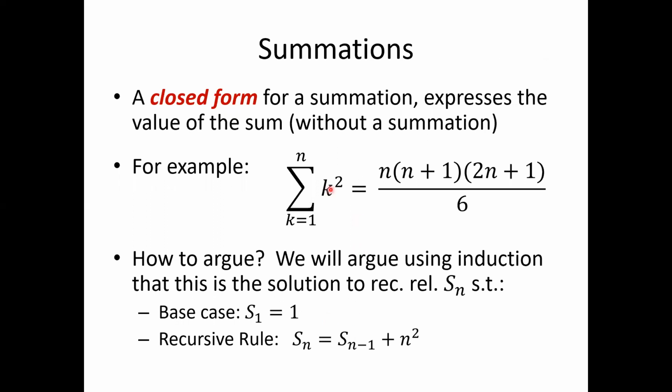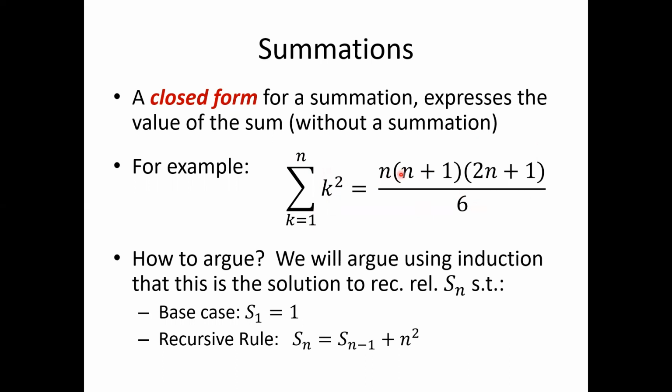Now, here is my closed formula for the summation of sequence elements which are a sequence of squares. So a_k is k squared. If I sum squares from first to nth, so it's 1, 2 squared, 3 squared, 4 squared, all the way to n squared, this is the closed formula for it.